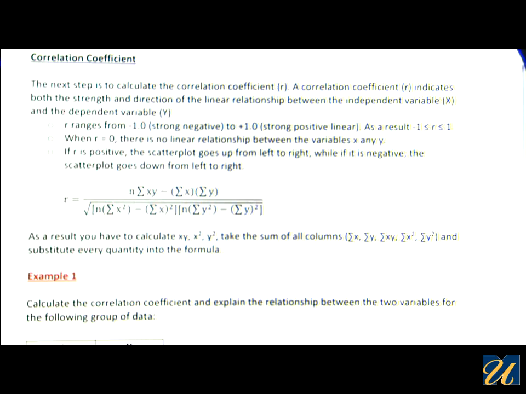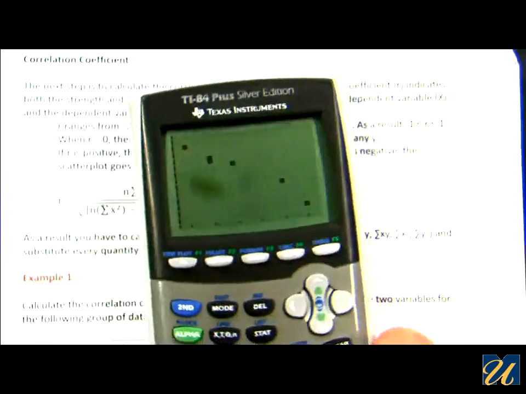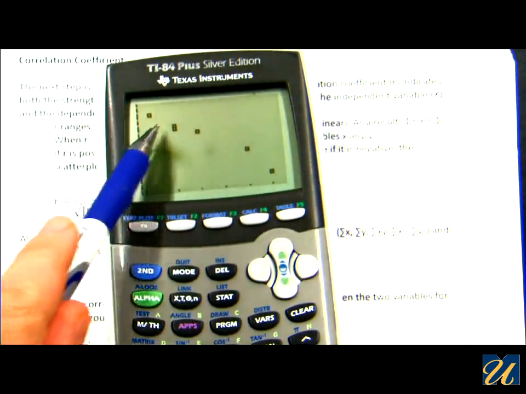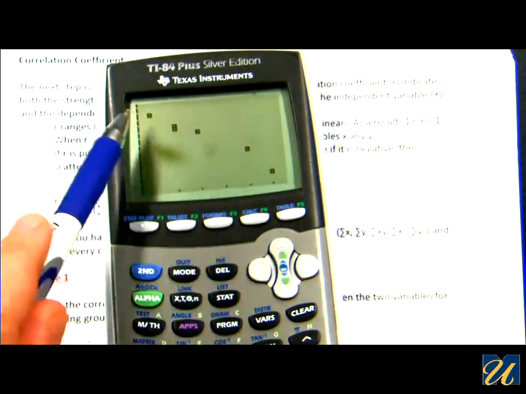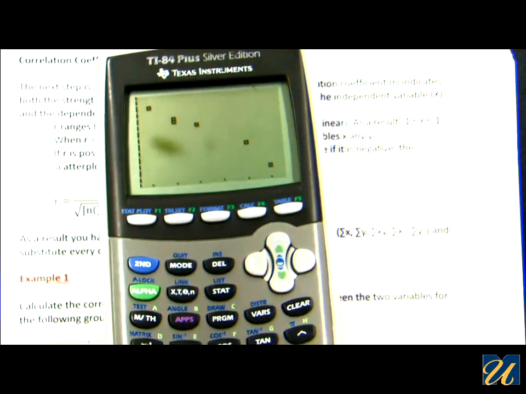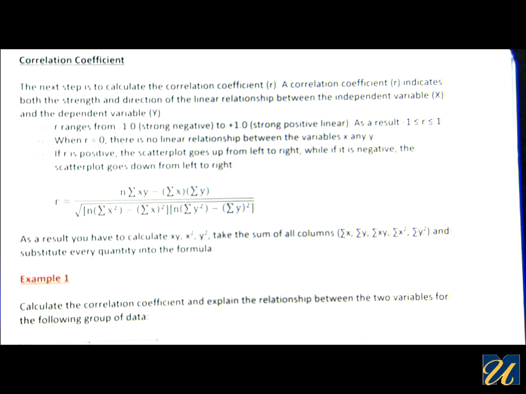If R is positive, the scatter plot goes up from left to right, while if it's negative, the scatter plot goes down from left to right. So in the previous example, the scatter plot goes downwards, the points have a downward direction from left to right, which would indicate a negative relationship between the two variables.